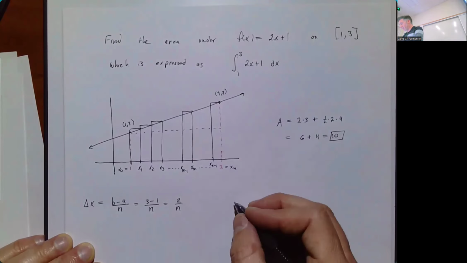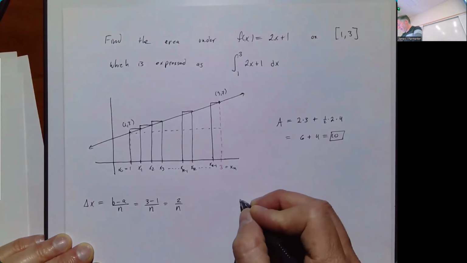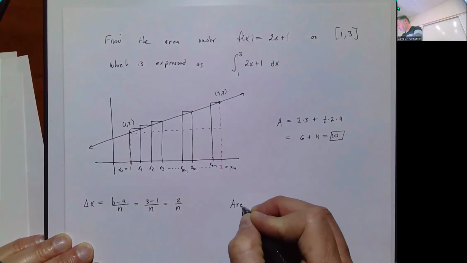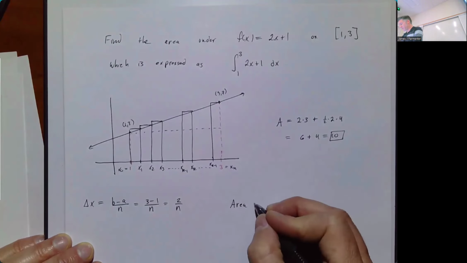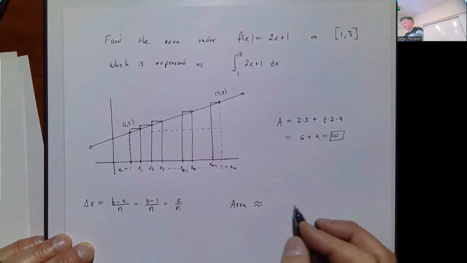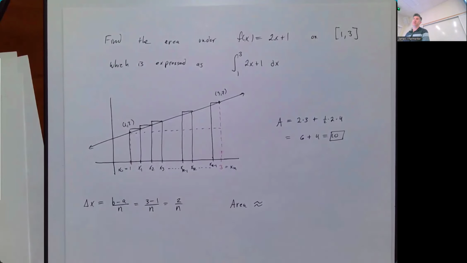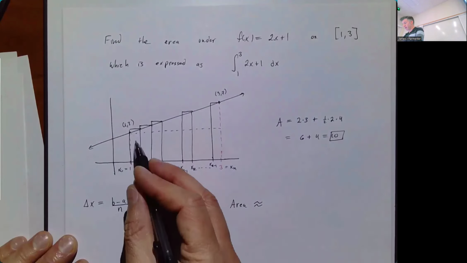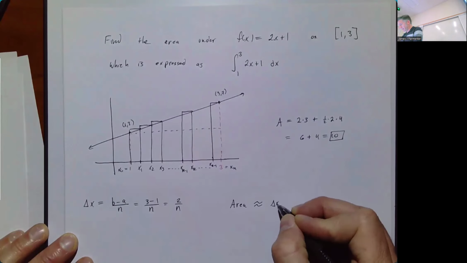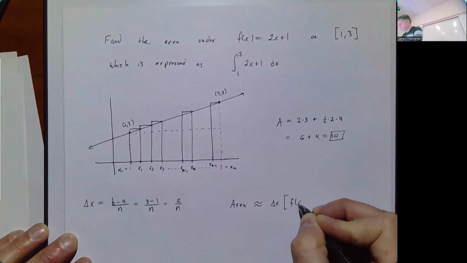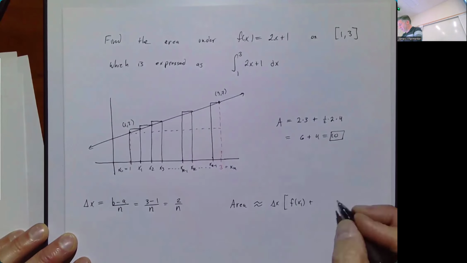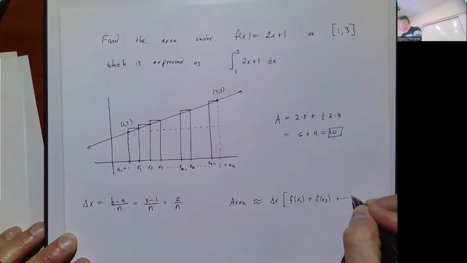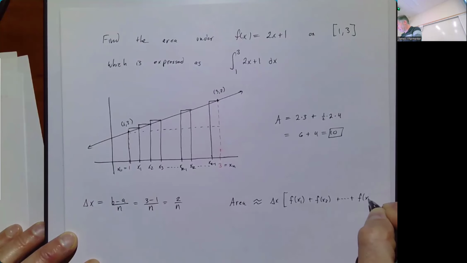So let's see what we've got here. Our area without a limit is approximately, again, we're just adding up the areas of the rectangles. It's the first base times the height. Delta x times f of x1 plus delta x times f of x2 plus delta x times all the way to f of xn.